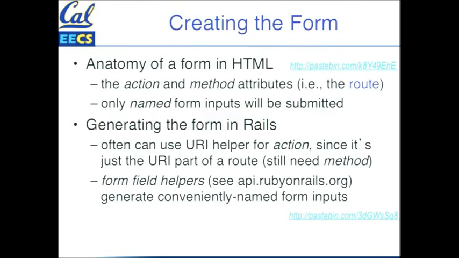Some of the URI helpers like movie URI or movie new URI and stuff like that. So we can use that for the action. However, we still need the method. We can also use the form field helpers that, given a particular model and a field, will generate the form element for you. So let's take a look at an example of that.